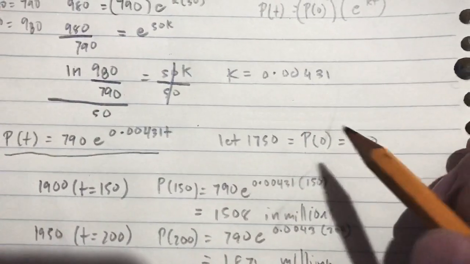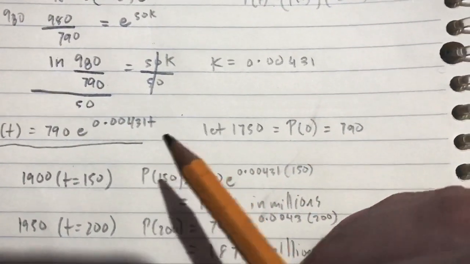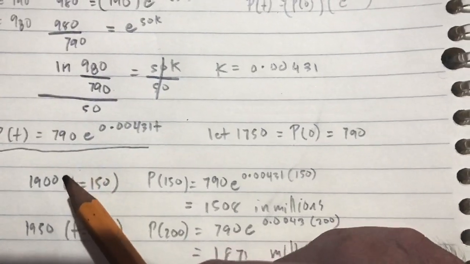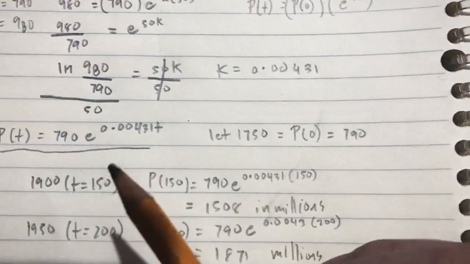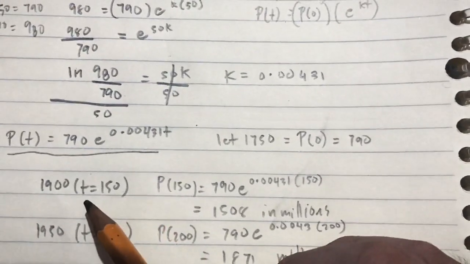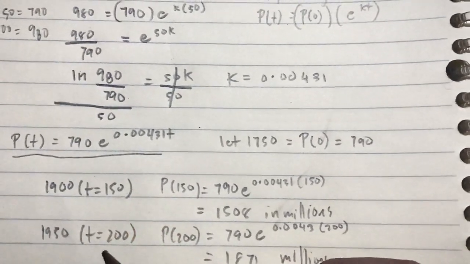Now we can come up with the population growth rate formula, and we can use this equation to predict the population in the years 1900 and 1950.